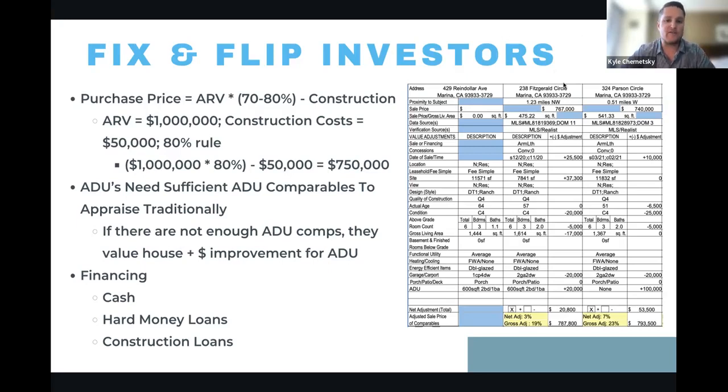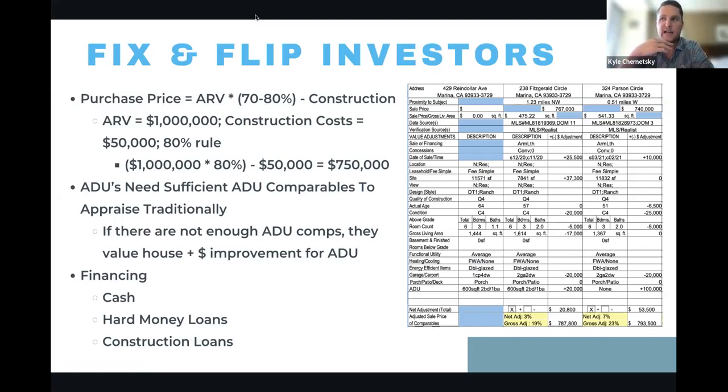But if you look at ADUs from a fix and flip perspective, they have a pretty unique way that they get appraised. Since the ADU law only came in 2020, there haven't been enough ADU sales in every single area yet. So certain areas might not have had a single property sell yet that had a new build ADU at the property.